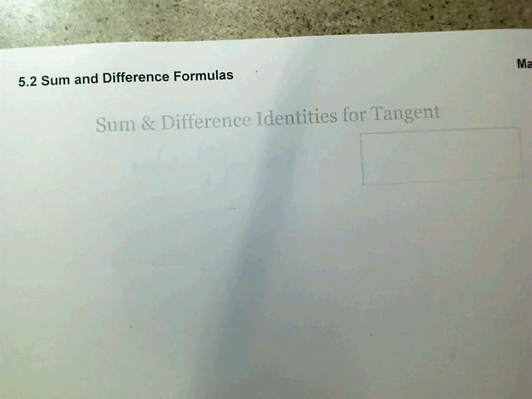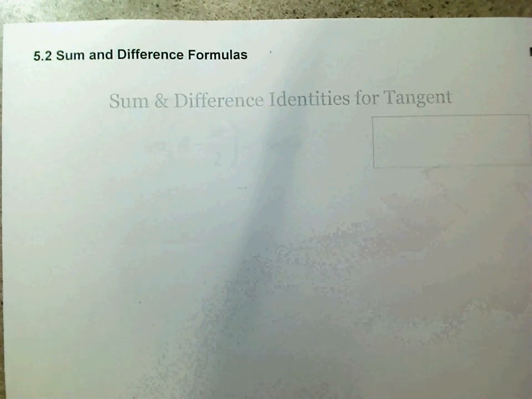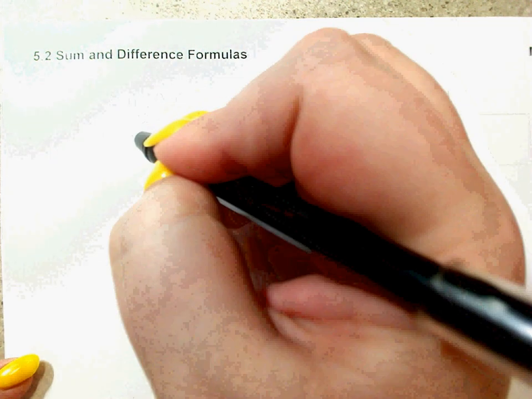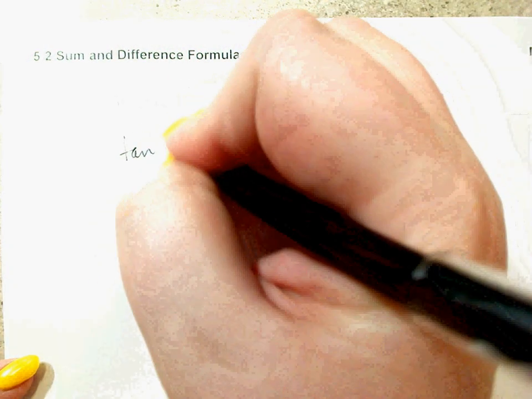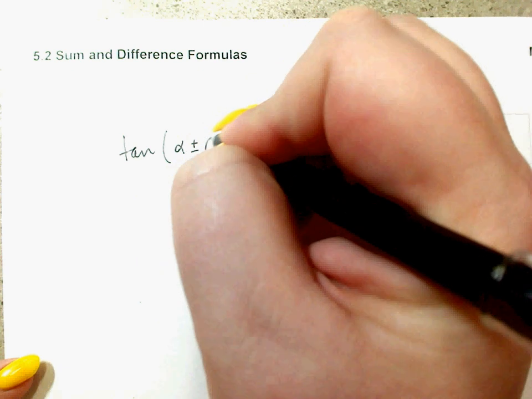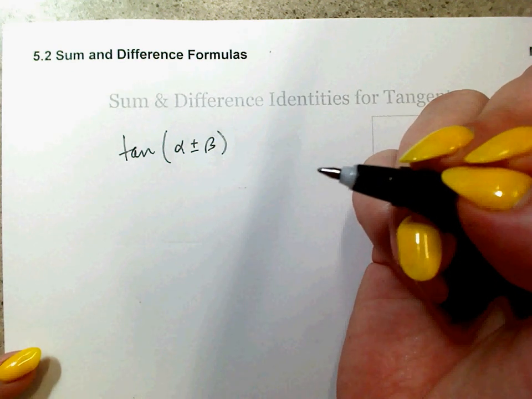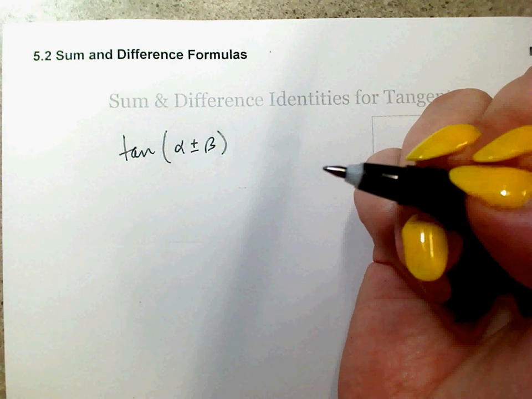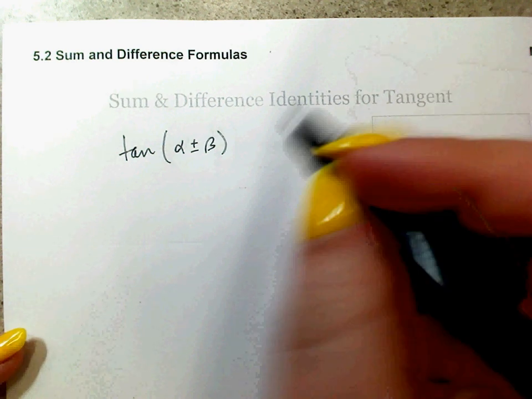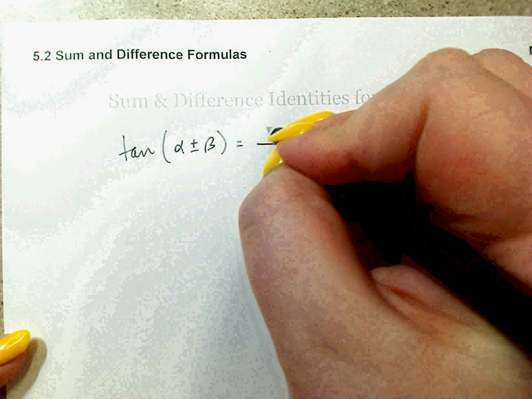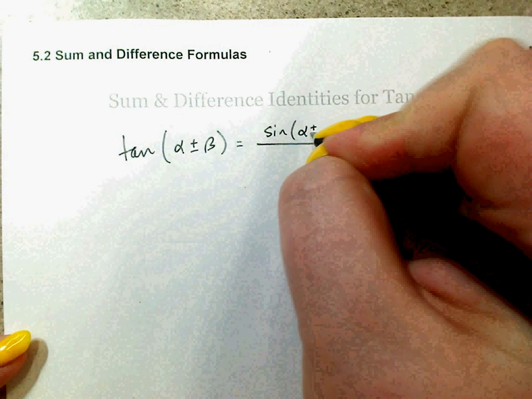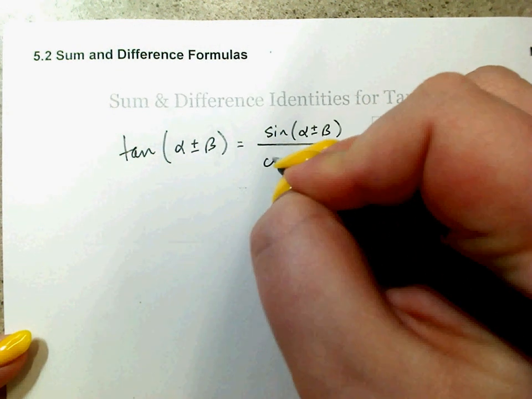Now let's do tangent. So I want to know what tangent of alpha plus and minus beta is. So what we're going to do is rewrite tangent in terms of what we know, with sine over cosine. Sine of alpha plus and minus beta over cosine of alpha plus and minus beta.